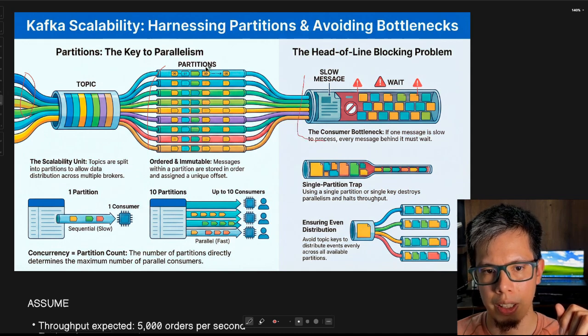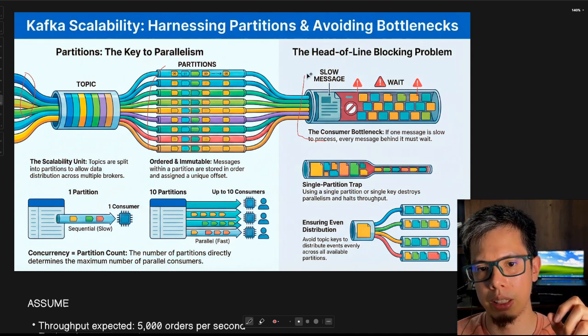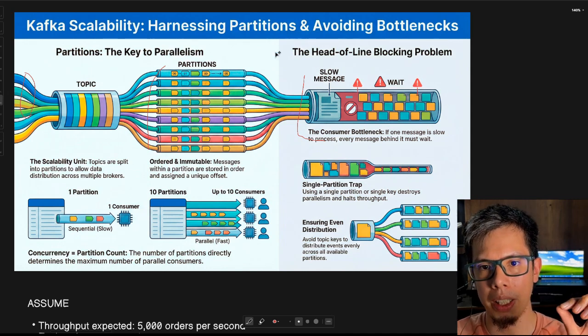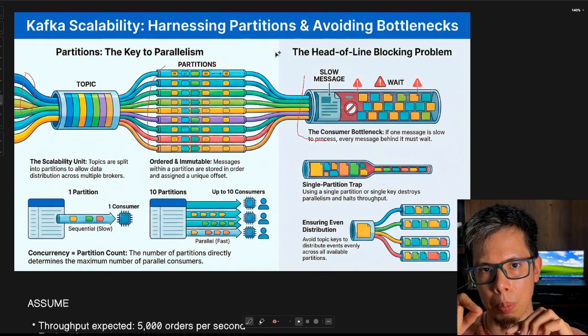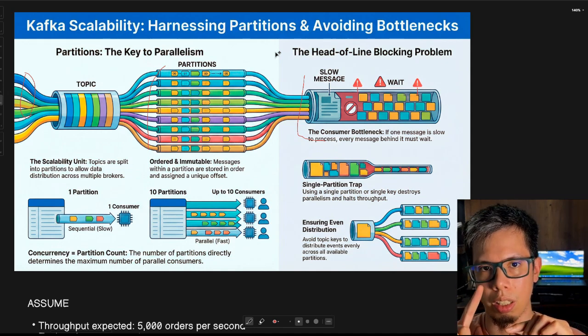Okay, take note that the partition has to be in order, and the head-of-line blocking problem here is on the consumer side, because it is not possible to work in parallel within a partition. There will be a single topic processing in a single partition that will be consumed by a single consumer.